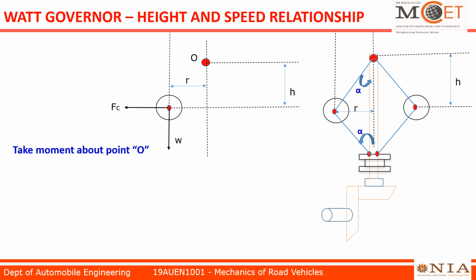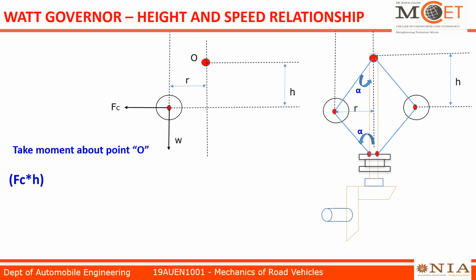Centrifugal force will make a moment of Fc into h, because centrifugal force is a horizontal force and the perpendicular distance is the vertical distance, that is h. So the moment about point O because of centrifugal force acting on the fly ball is Fc into h, which is in the clockwise direction.